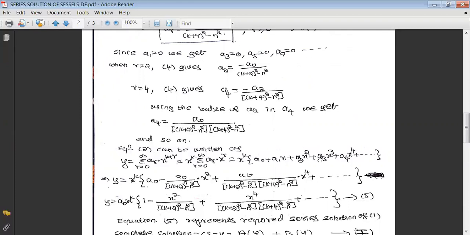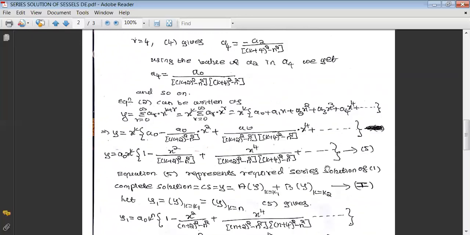Next, a4 is given by a naught over k plus 2 whole square minus n square into k plus 4 whole square minus n square, into x raised to 4, and so on. Now from each of these terms we can take a naught as our common term, then we get x raised to k into a naught, taken out, that is 1, minus x square divided by k plus 2 whole square minus n square, plus x raised to 4 divided by k plus 2 whole square minus n square into k plus 4 whole square minus n square, and so on.